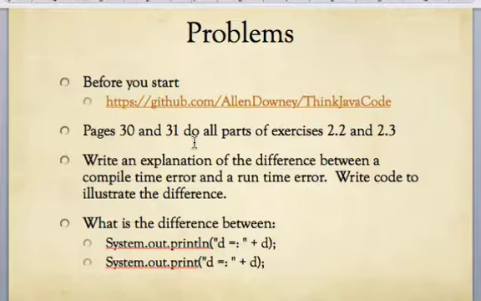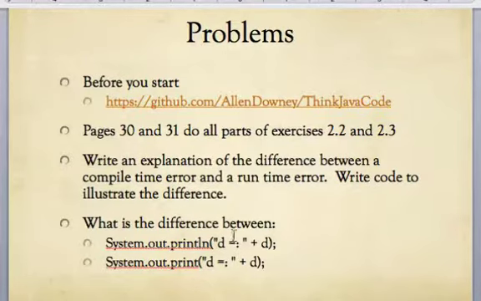So on pages 30 and 31, I'd like you to do all the parts of exercise 2.2 and 2.3. I would like you to write a brief explanation of the difference between a compile time error and a runtime error. These are errors that will rear their ugly head on a regular basis, and you will need to know which is which and why they occur.